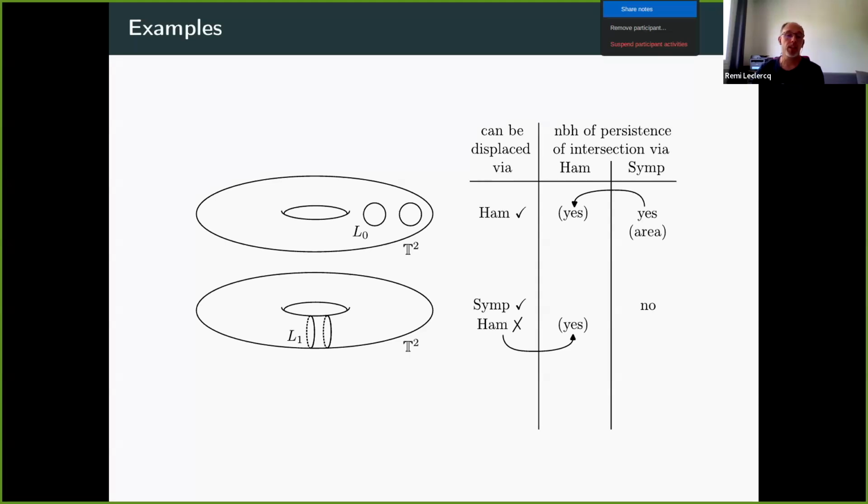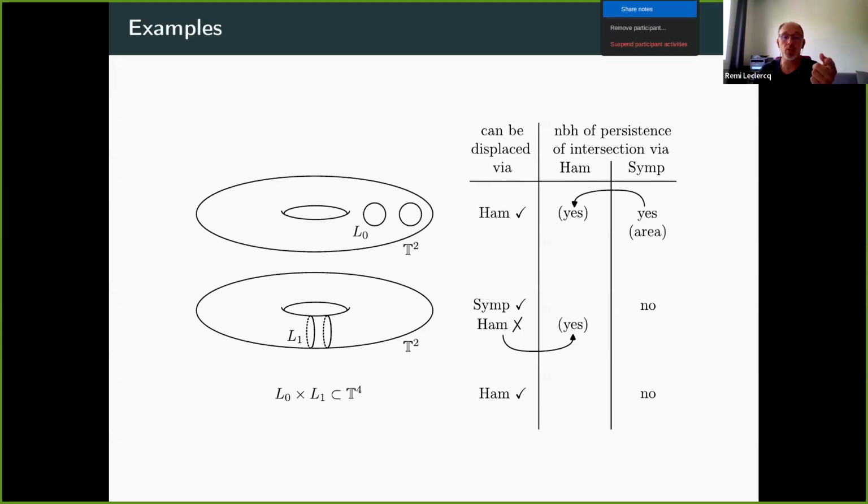Okay, and now to get something in between these cases, you can look at the product of these two. What is obvious? What's obvious is you can indeed displace it by Hamiltonian diffeomorphism, right? Because you can displace the first factor.